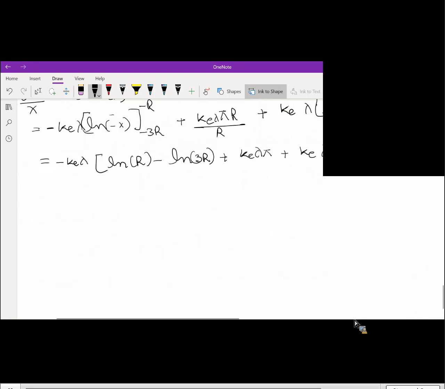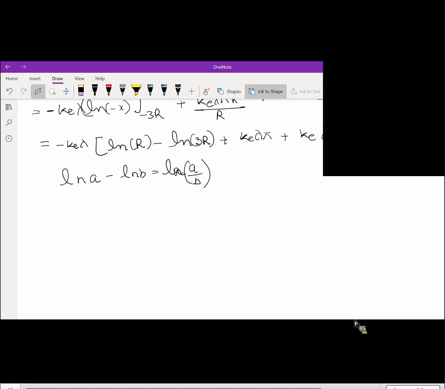So there's this property of log a minus log b, not log, natural log, and b is, I hope you guys know that. So this will be k e lambda.